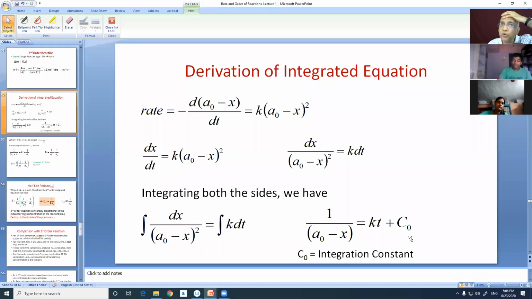Here we are not doing a definite integral. Had we done that, we would have got the same result, but this is more handy to find the integration constant and use that to find the integrated rate law for the second order process. Minus 2 plus 1 will be minus 1.